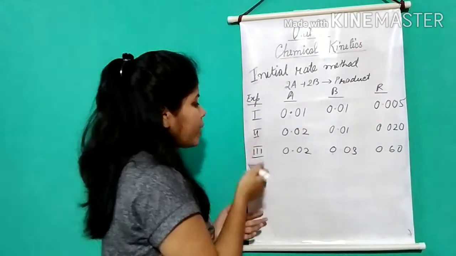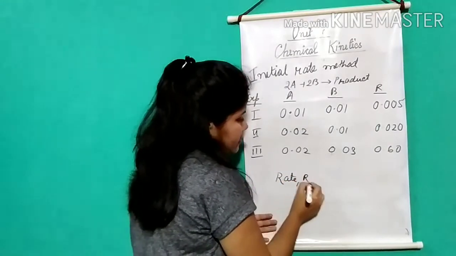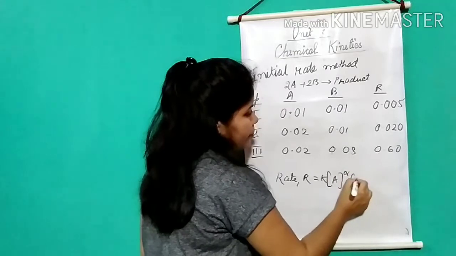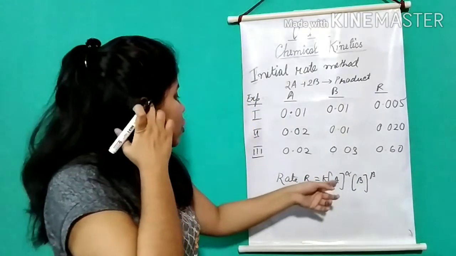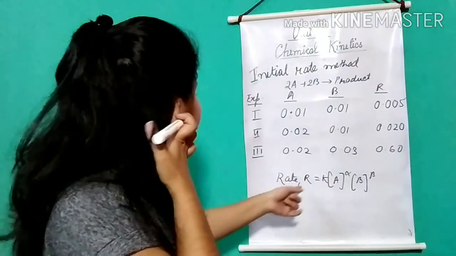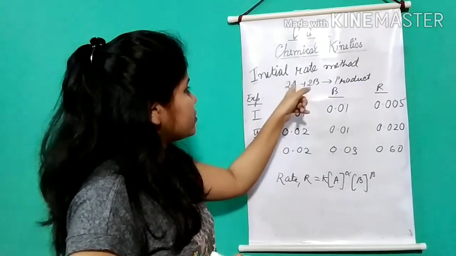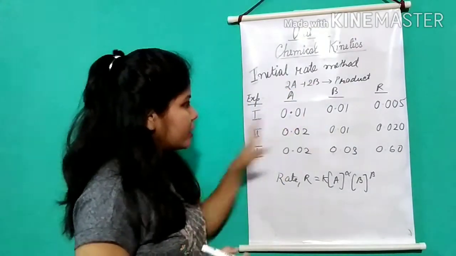Now what we need to do: according to the rate law, rate R equals K into A to the power alpha, B to the power beta. We are asked to find the order, and the rate. First we need to know the order. From this reaction alone we cannot find the order, so to find the order we have to do the whole experiment.